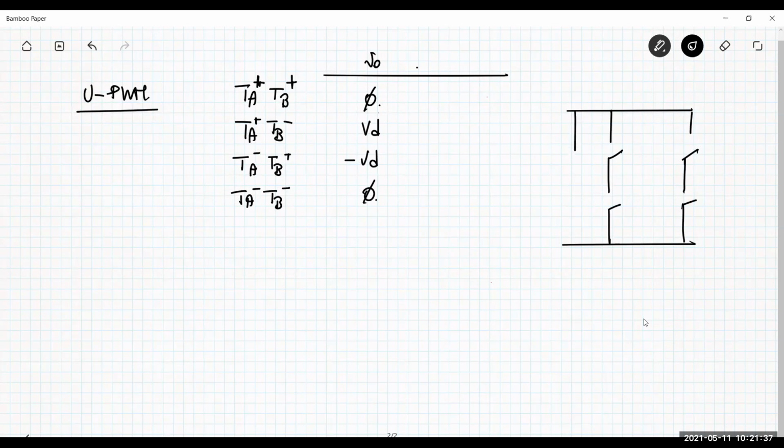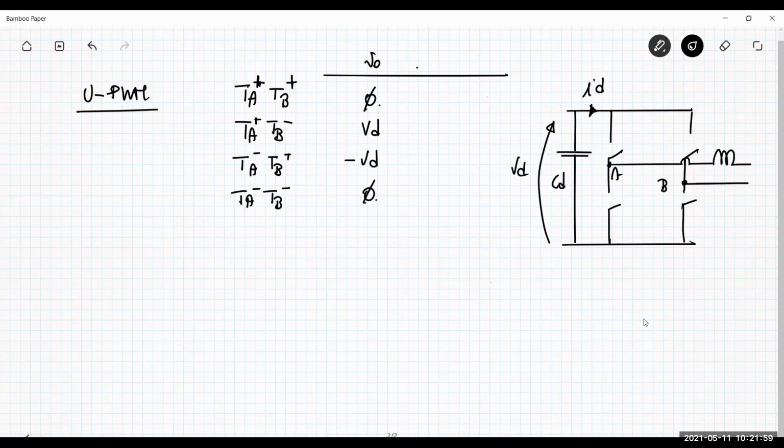So what happens, for example, here to the current? Let me call this current ID. Supposing that you have here a generic load, the current I naught is positive.